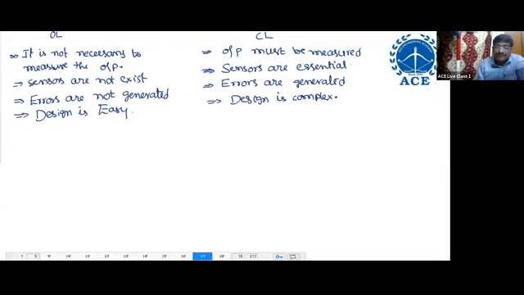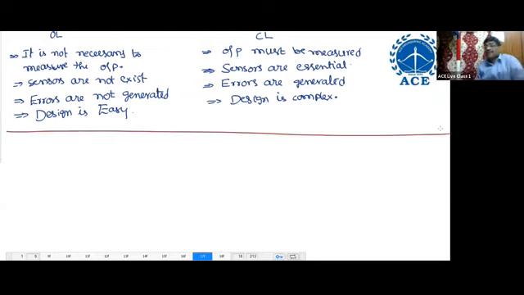Okay. Comparisons are very important. There are many questions in GATE as well as IAS, especially multiple select answers. For multiple select answers, these comparisons are very important.